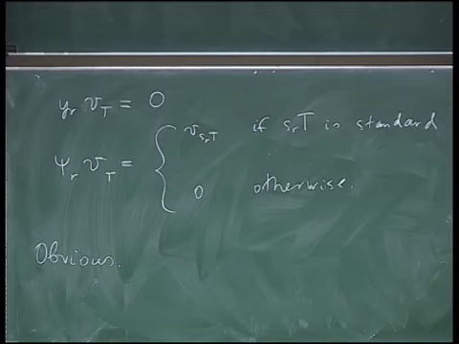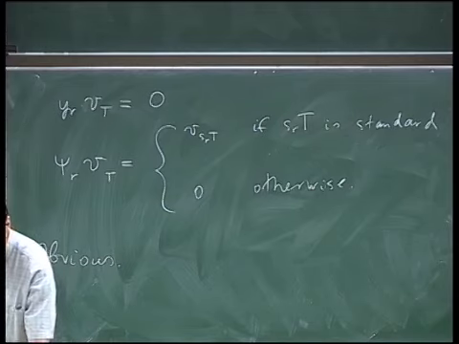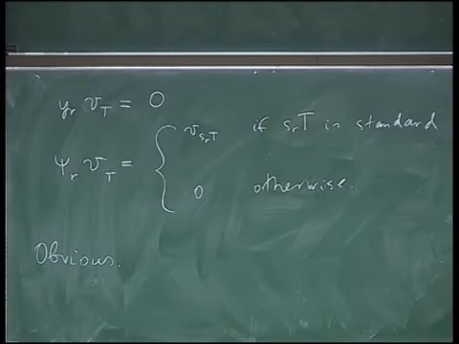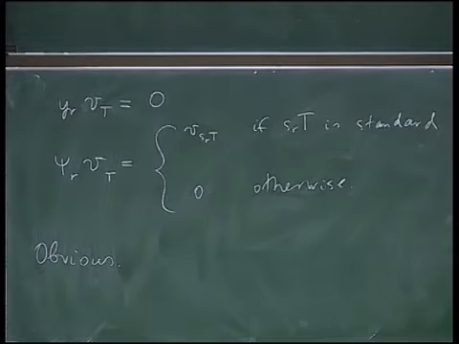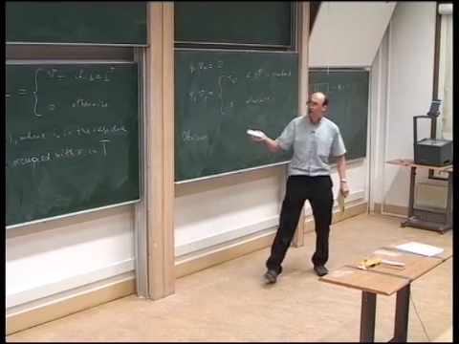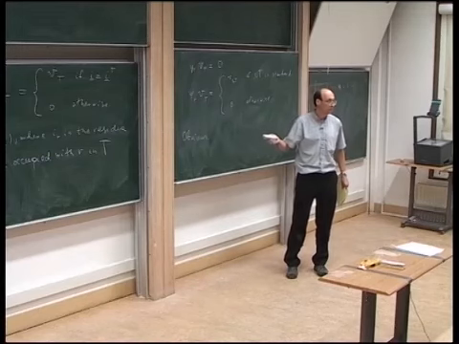Okay, so I want to show something else to you, which is kind of on the light side also, and maybe I will go a little bit further into the next lecture. I want to stay a little bit in this pleasant situation where I can actually do things by hand, and of course in general you cannot, but this is so nice that you might say, okay, let's try to extract as much as we can from this.